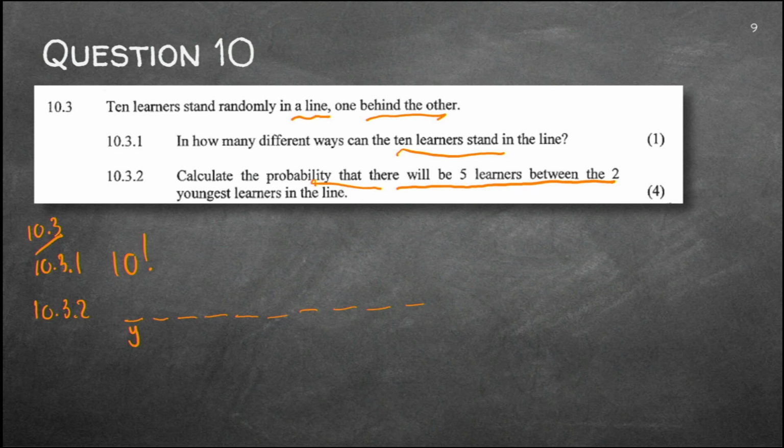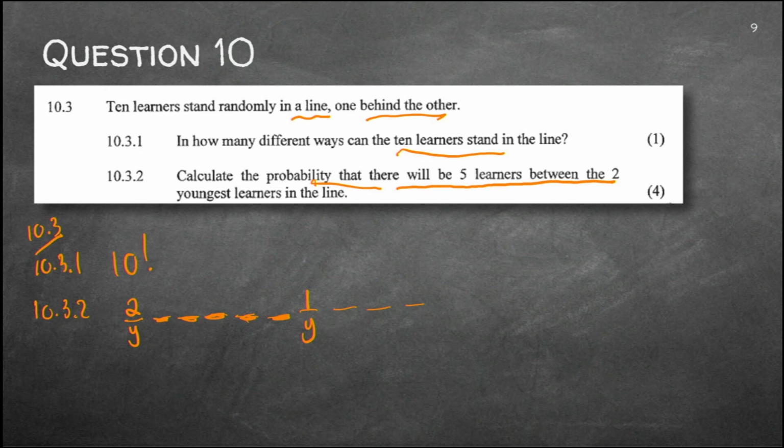So this is the first spot, then there's 1, 2, 3, 4, 5 spots, and then there must be the second youngest learner. So on the first spot there can be 2 of them. It's one of the youngest ones we can use. And it means here you'll have only one option left.